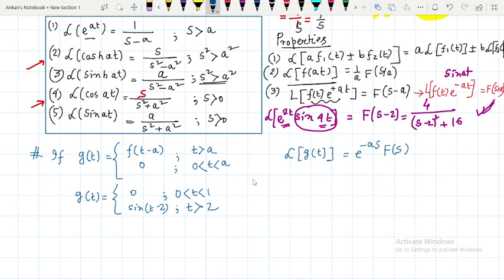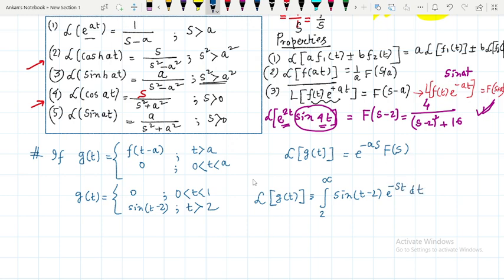You have to find the Laplace transform of this. So the Laplace transform of g(t) becomes, since 0 to 2 has no contribution, the integral from 2 to infinity of sine of (t minus 2) e to the power minus st dt.